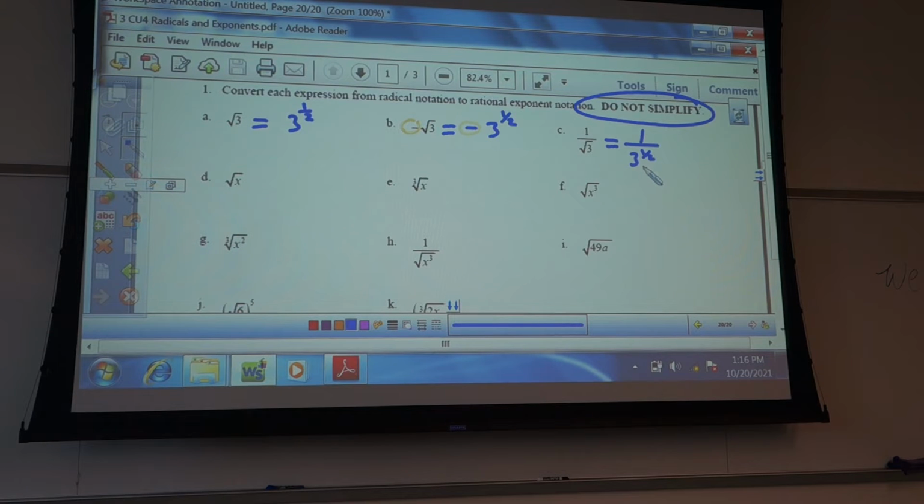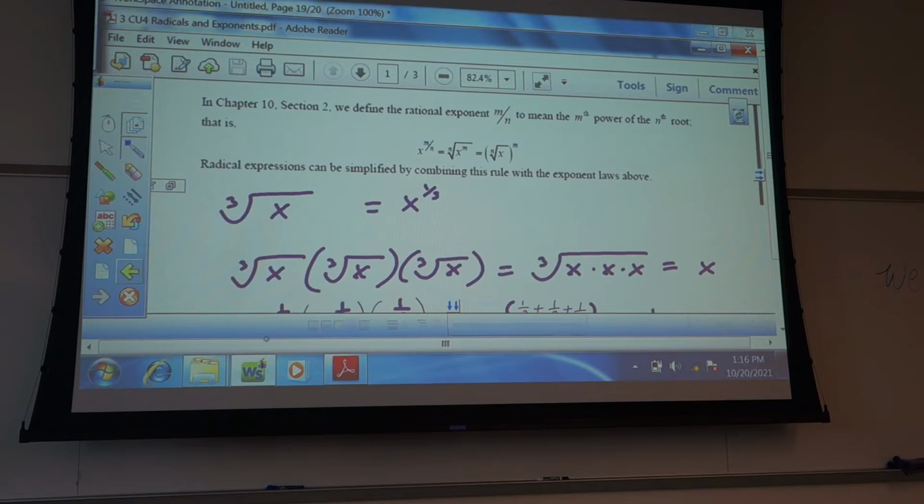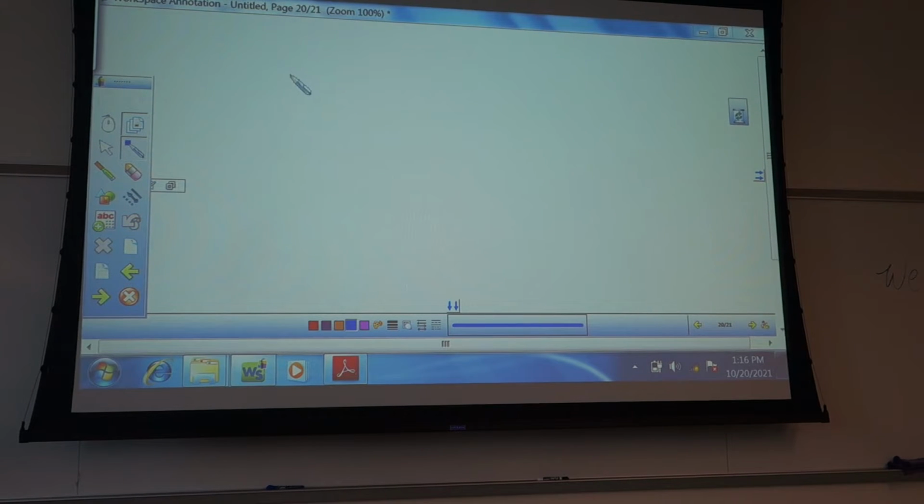No, I don't get the first two. Okay. Need a little bit more review. Okay. Square root of 3 means what? You need to multiply something by itself twice to get 3. Is everyone understanding that? Okay.